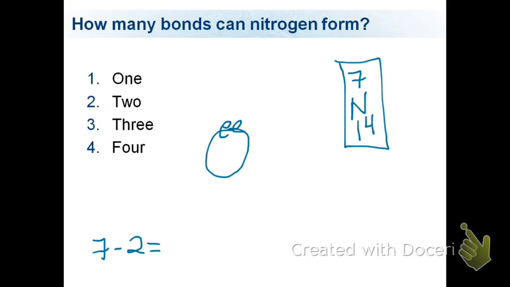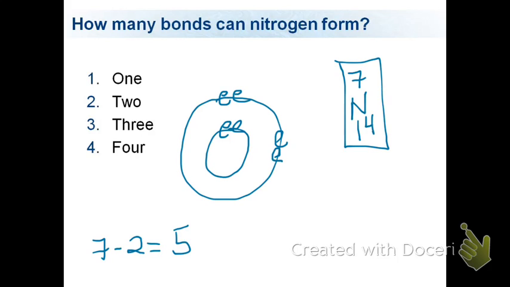So I'll just put 2 electrons in the first shell. So 7 minus 2, how many does that leave us with? Hopefully I can do higher math here and know that leaves us with 5 in the outer shell. So we've got 5 electrons in the outer shell.